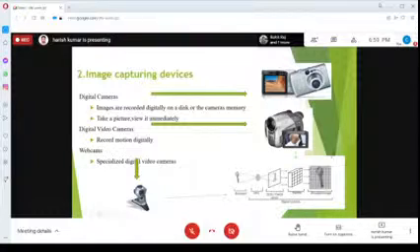In all these cameras, the basic principle involved is that the visible rays falling on the image are reflected back to the sensor. The sensor consists of a digitizer.